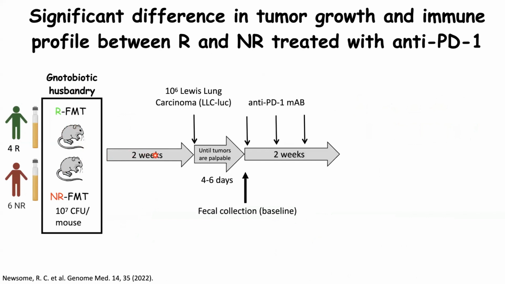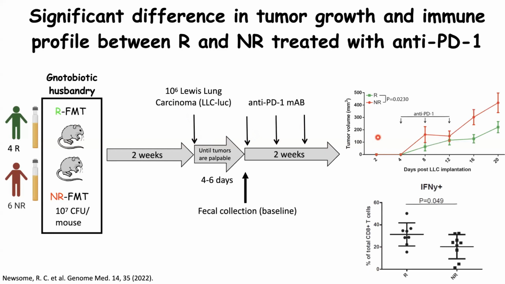We waited 2 weeks for the microbiome to implant, and implanted the Lewis lung carcinoma, a very difficult cell, non-responder to PD-1, and then treated the mice with anti-PD-1. And this is what we found. If a mouse is colonized with non-responder feces, it has more tumors than if the mouse is colonized with responder human feces. So we basically reproduced what the other group have shown, okay?